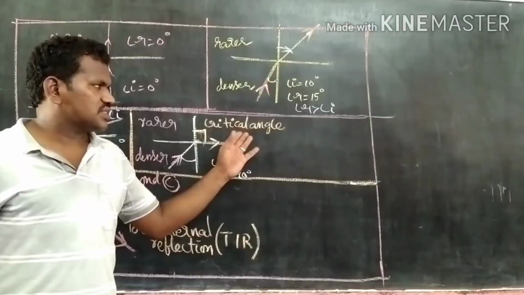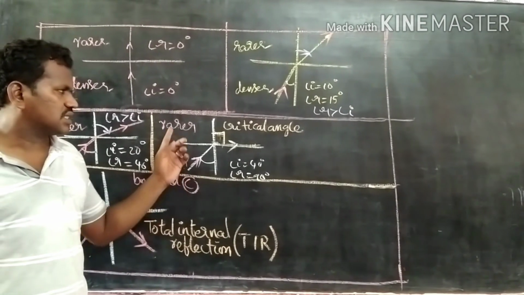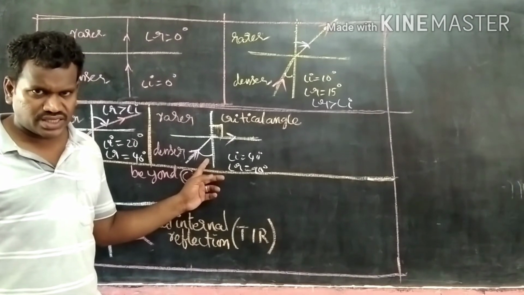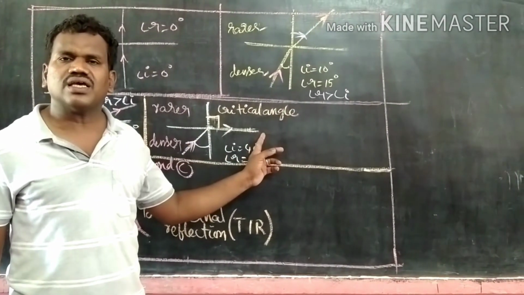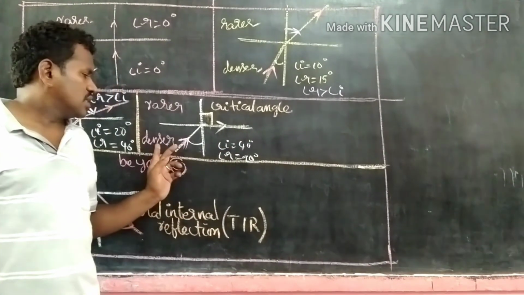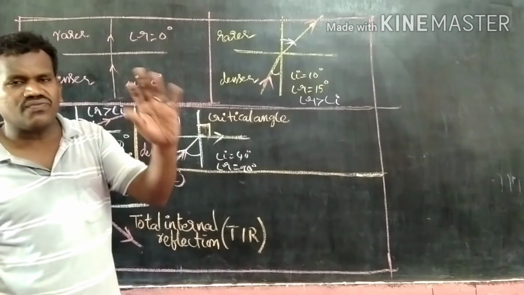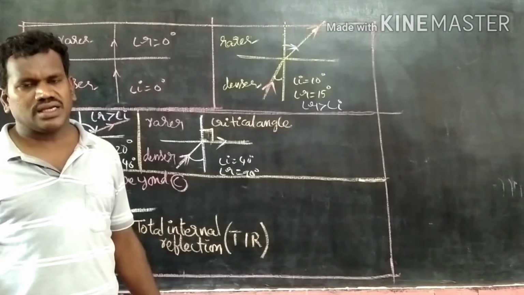And once again the definition of critical angle is when a light travels from denser to rarer at a particular angle of incidence, light grazes the interface of denser and rarer. Such angle of incidence is called critical angle.